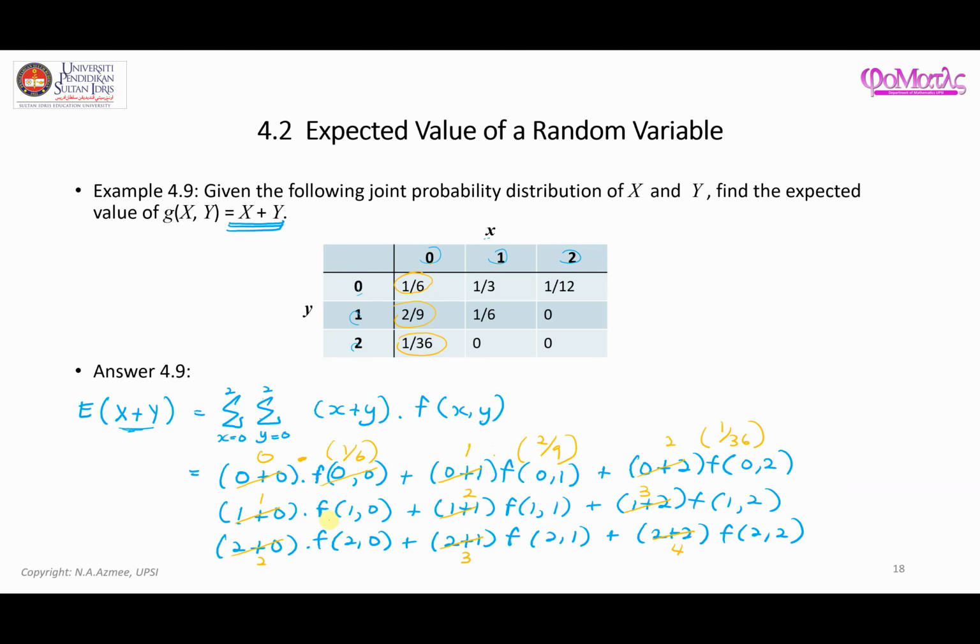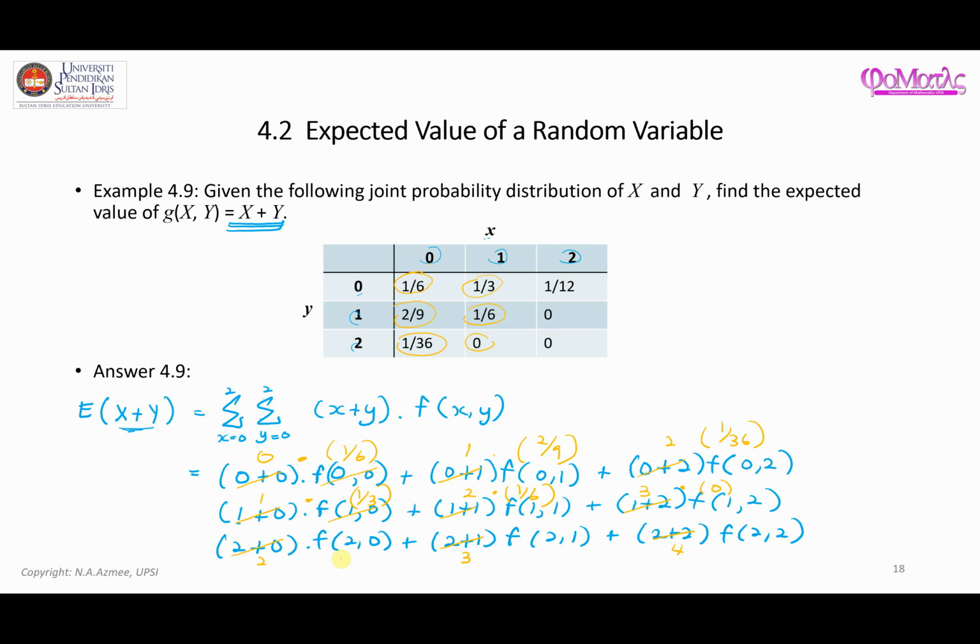Next, f(1, 0): you will get this value, 1 over 3, so 1 will be multiplied with 1 over 3. This one, f(1, 1), is 1 over 6, so 2 times 1 over 6. For f(1, 2), the value here is 0, so 3 will be multiplied with 0.